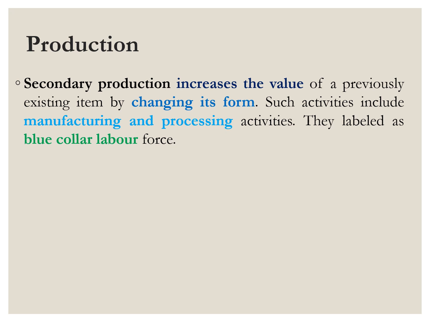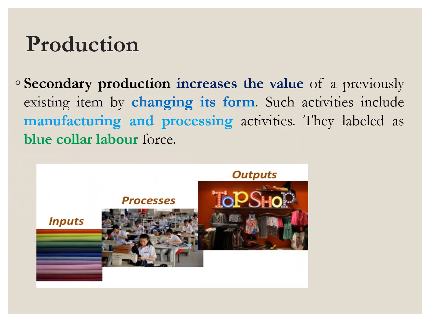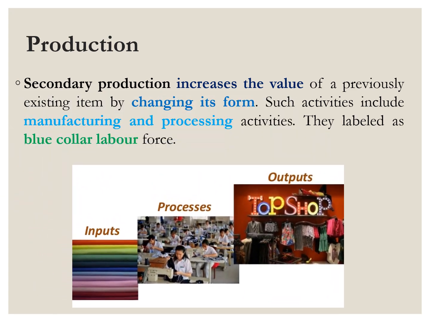Such activities include manufacturing and processing activities. They are labeled as the blue-collar labor force. In this picture, the input material is raw cloth. It is processed in industry and the final product is ready-made garments. So manufacturing is involved here, and that's why it is a secondary economic activity.